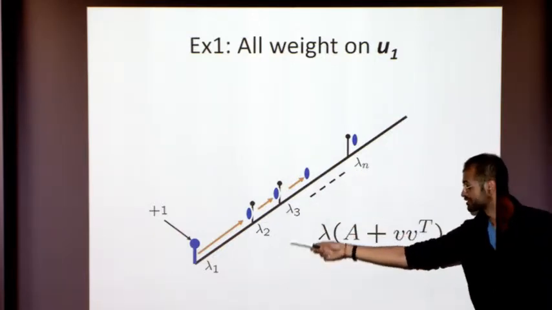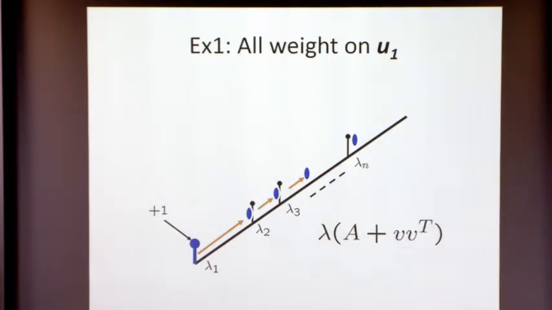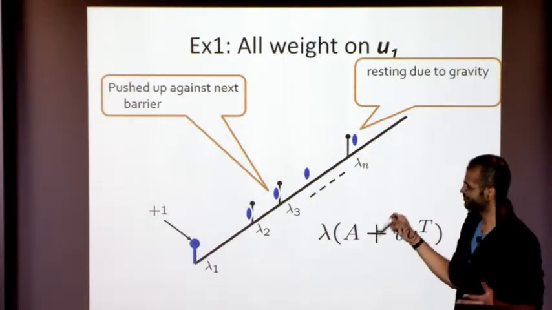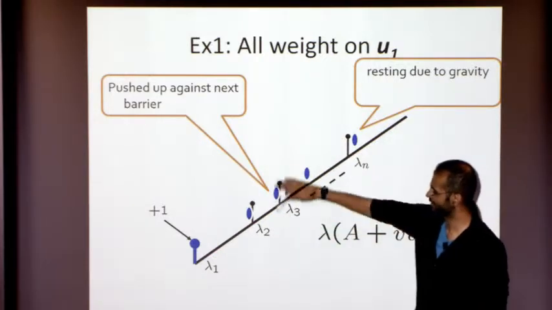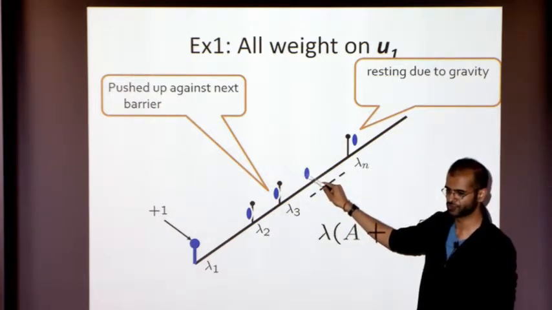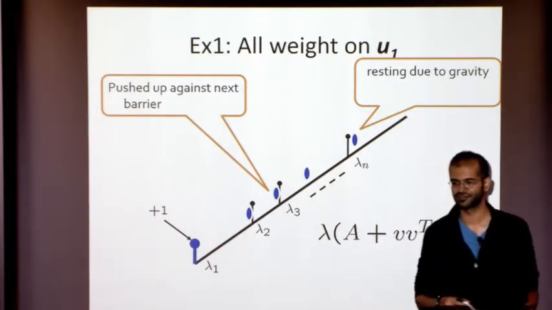The force of repulsion is decaying as you get further and further, and the equilibrium maybe looks something like this. And yeah, the way to think about it is that things never jump across these barriers. But of course, this is also just a story, because another way of looking at this is that none of the other eigenvalues move, and this guy just shoots forward by whatever the norm of the vector that you added is. And that's okay too. The eigenvalues don't actually have names.